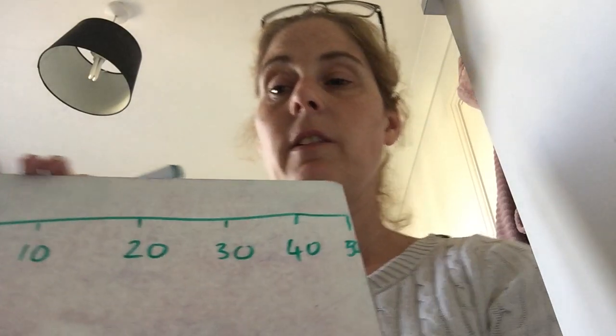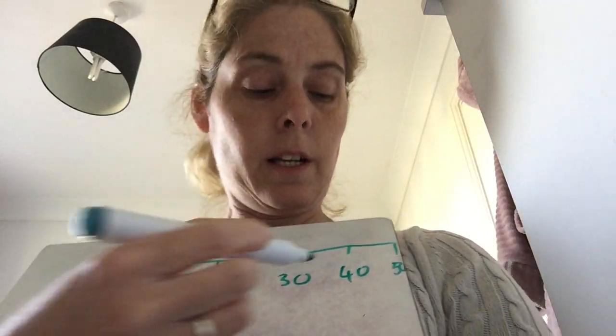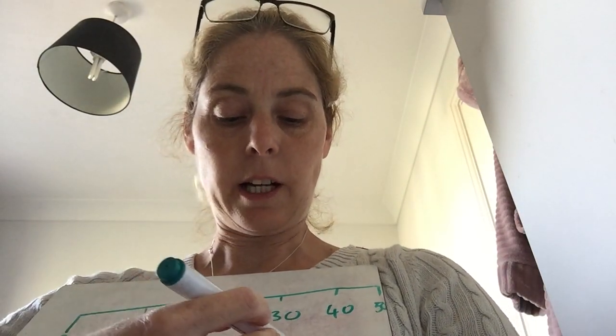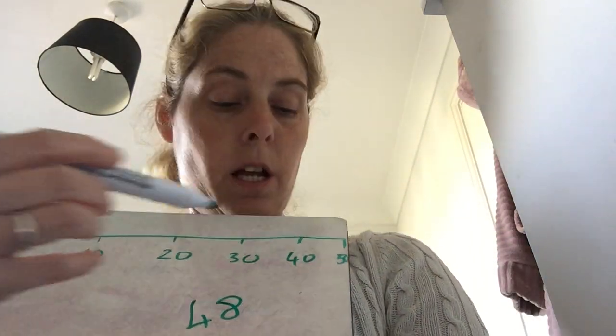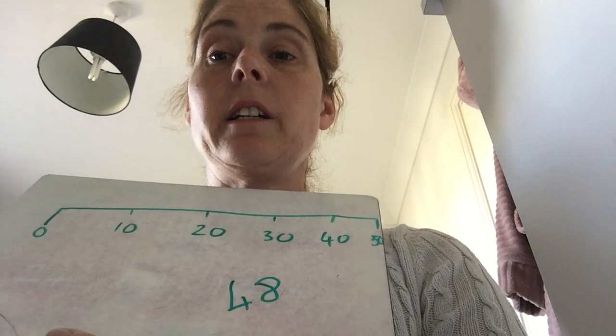So for example, if it was 48, is it going to go nearer 40 or nearer 50? You tell me. Tell the adult next to you. Right, so here on this number line, 48, is it going to come nearer 40 or nearer 50?